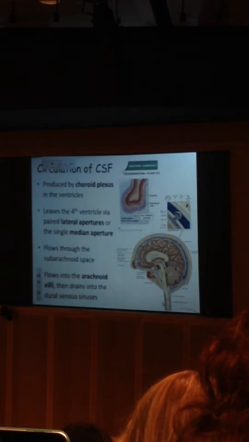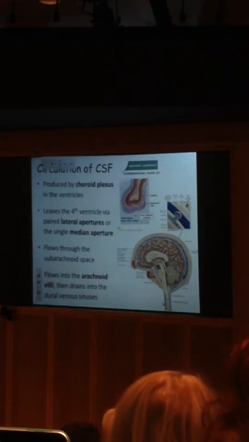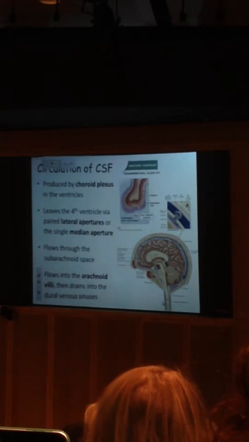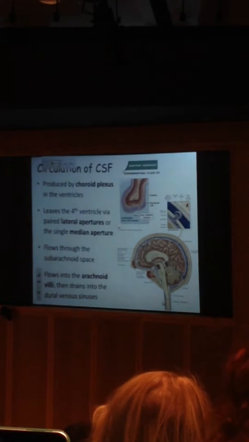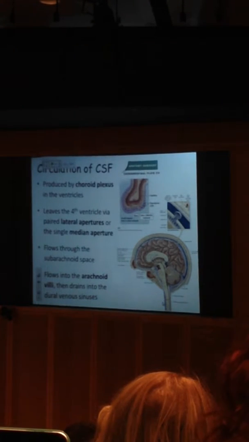So together, these regions are constantly generating cerebrospinal fluid, and after it's generated, because we talked about the structure being continuous, it goes into the third ventricle, follows to the fourth ventricle, and then leaves the fourth ventricle through the pair of lateral apertures and the median aperture. By the time it's leaving the ventricles, it surrounds the whole entire brain in the space we have already said many times, the subarachnoid space.